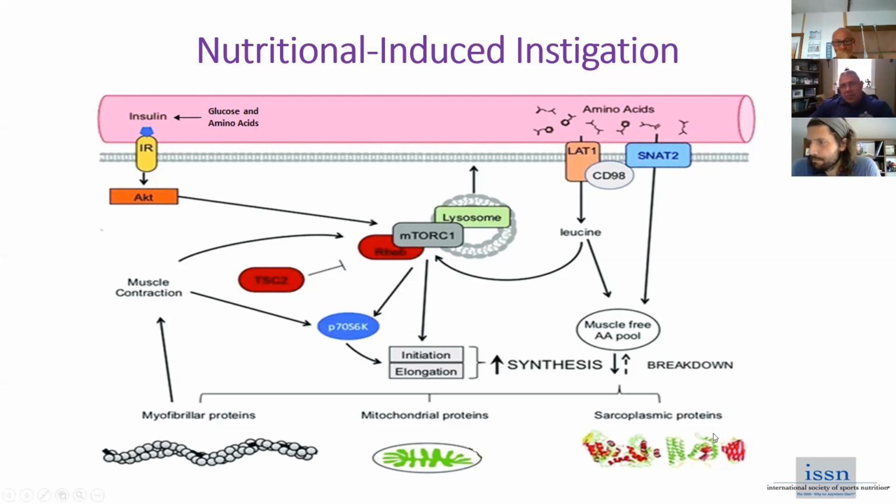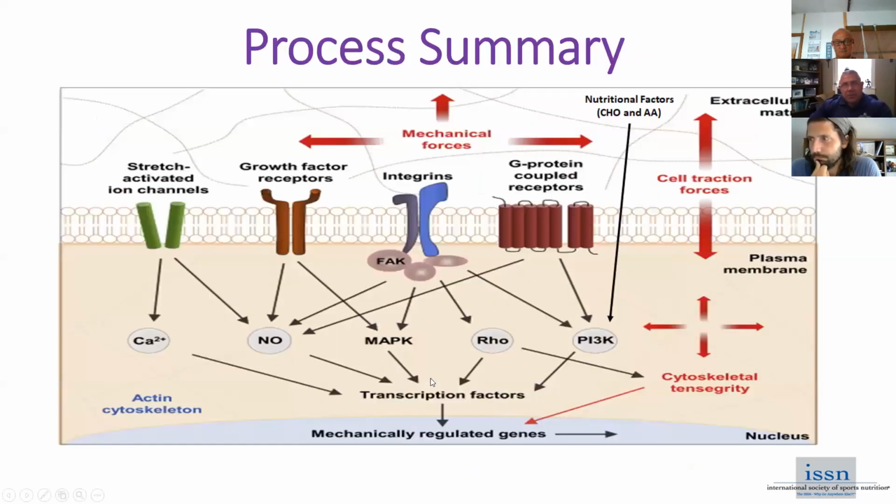But leucine specifically, data shows it interacts not only with the pool, but also specifically with mTOR, which is involved in this mTOR pathway that's involved, similarly to what we see with insulin signaling, in initiating muscle protein synthesis.